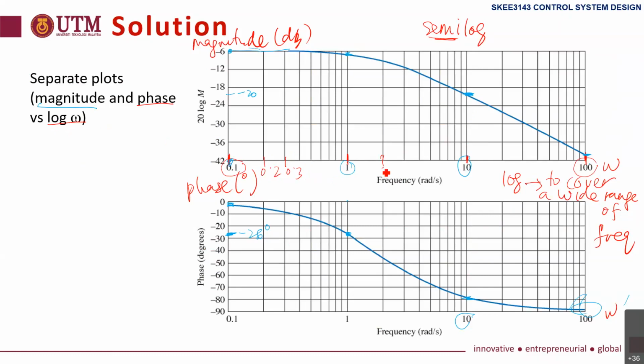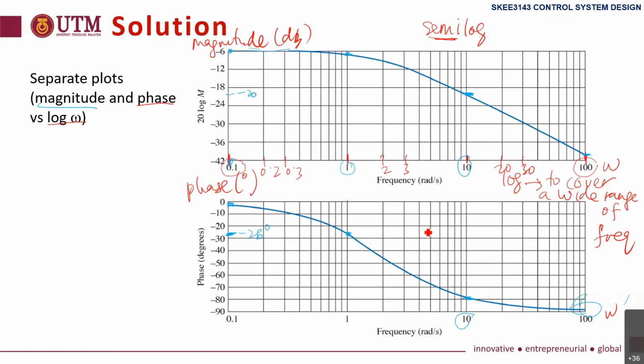Then 1, 2, 3, 4, and 10. After 10 it becomes 20, 30, and so on, up to 100. So in order to get an accurate plot, we need to calculate every point. The ones we calculated here are just the points at 0.1, 1, 10, 100, and so on. If we need a more accurate one, we need more data.